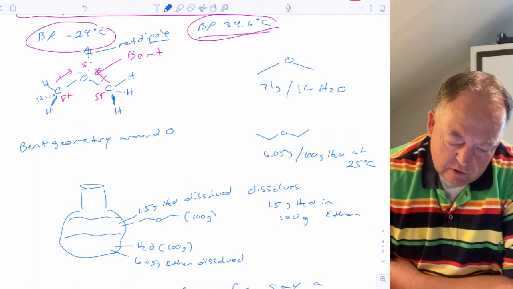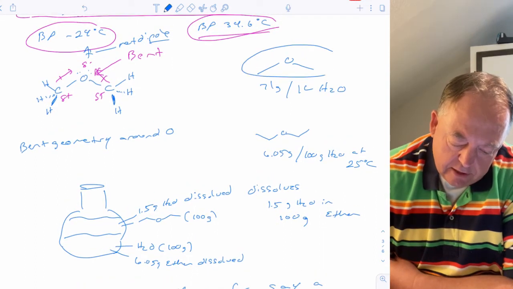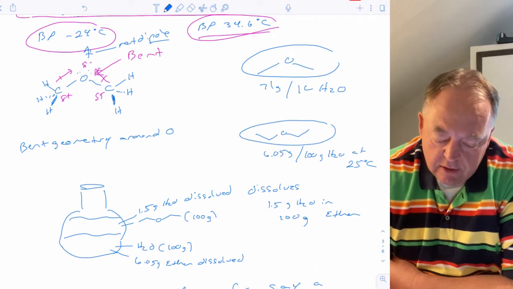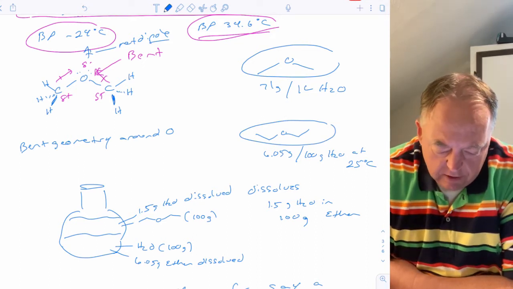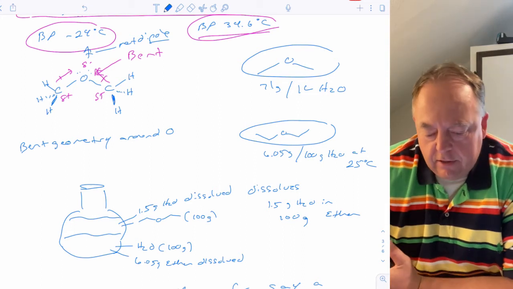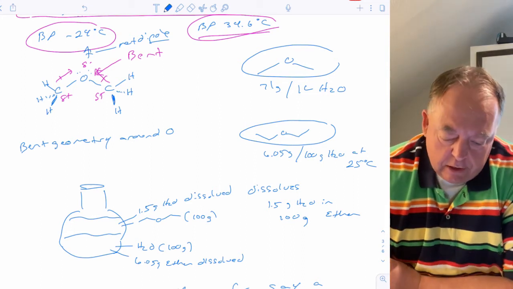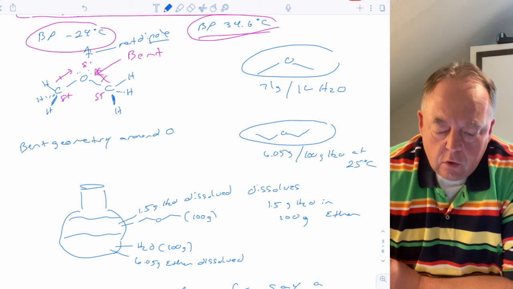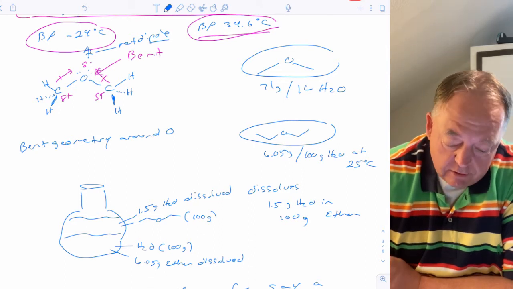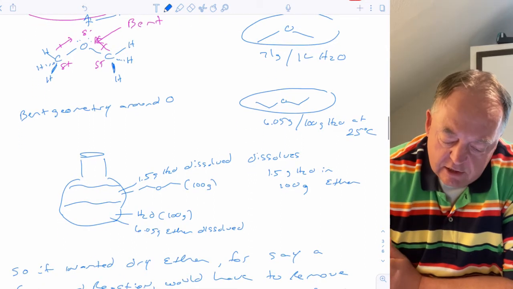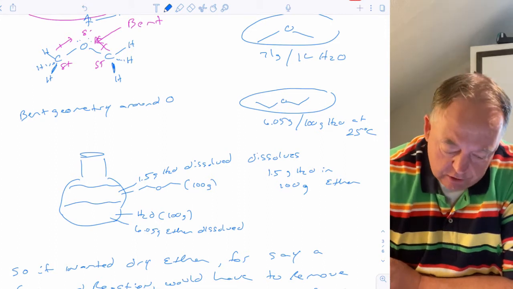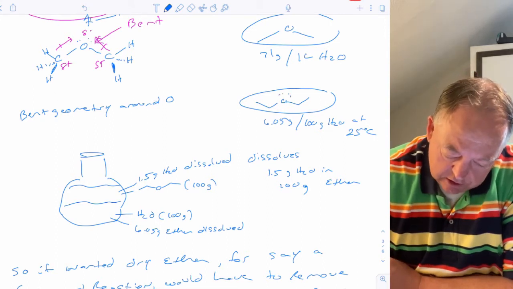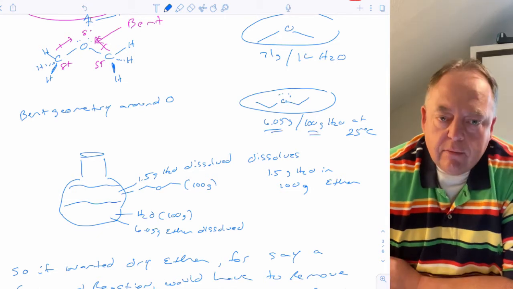So in terms of water solubility, if we compare dimethyl ether to diethyl ether, the one that's more water soluble would be the dimethyl ether, because it's got less hydrophobic surface area. It's only got 2 carbons versus 4 carbons, so it's going to be a little bit more water soluble. But the diethyl ether does have some water solubility to it. So 6 grams of this will dissolve in 100 grams of water.